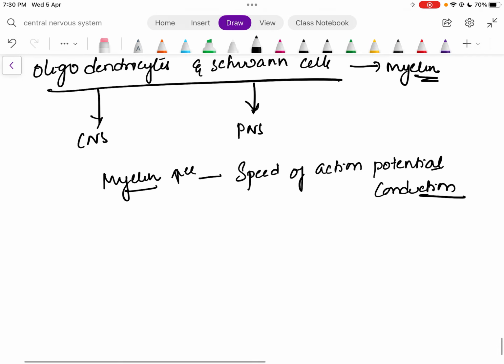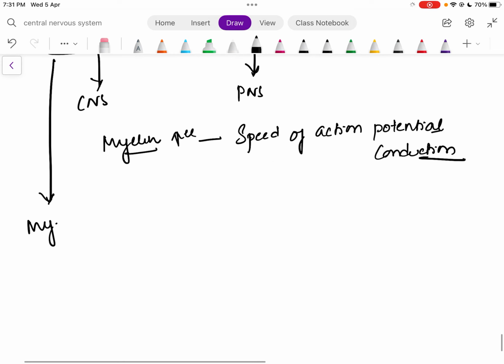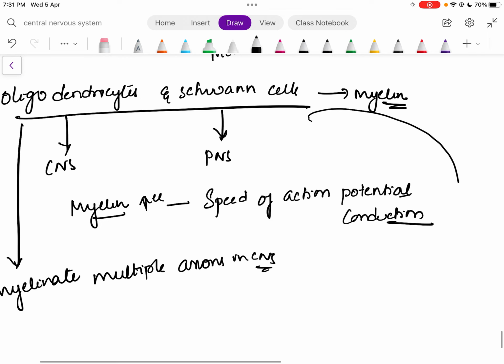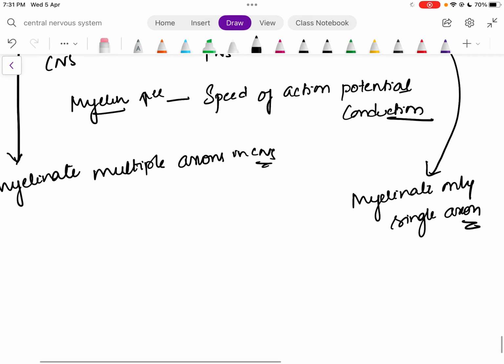What is the function of an oligodendrocyte? They will myelinate multiple axons in the CNS. One oligodendrocyte can myelinate many axons, and a Schwann cell will myelinate only a single axon.